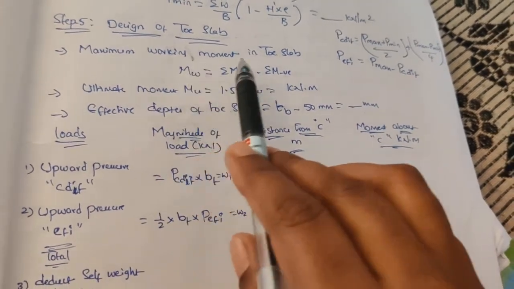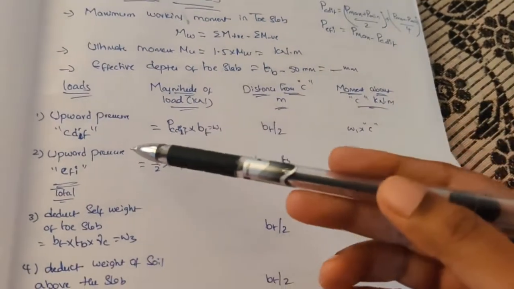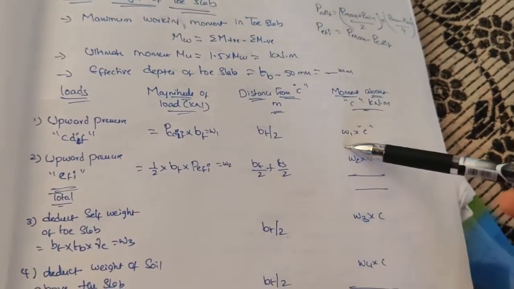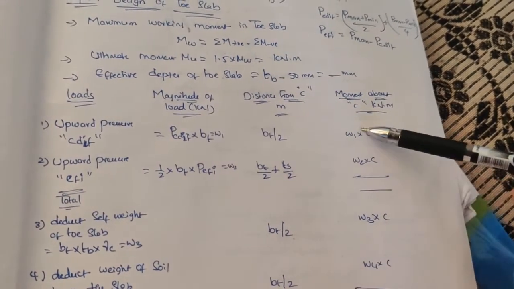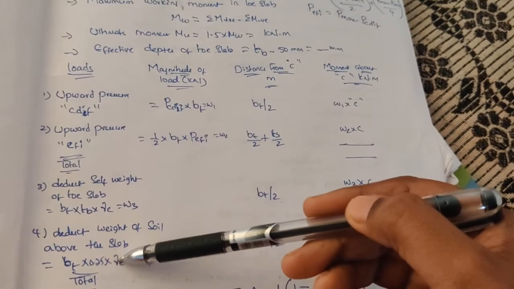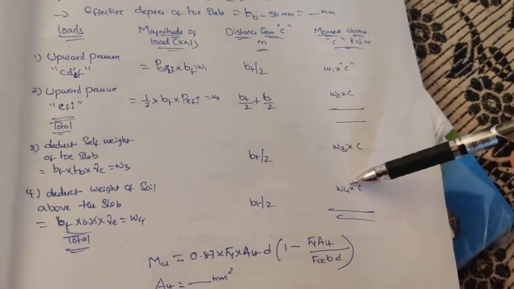Normally the maximum working moment, in the same way as you find for the stem, these are the upward pressures, both the things. Depending on these formulas, you will find the loading into distance and you will get the moment.